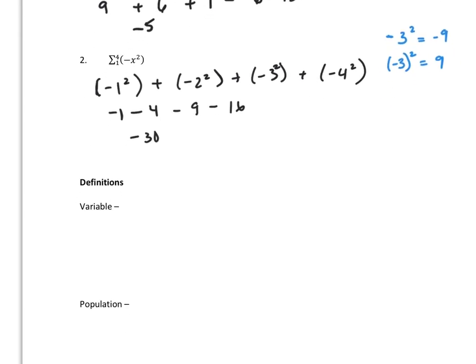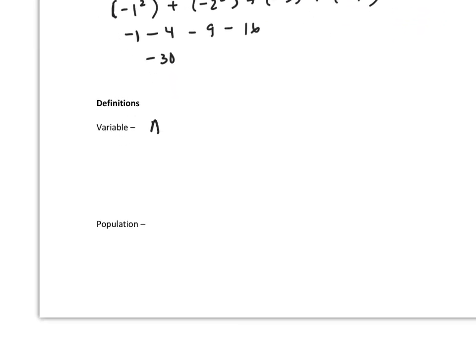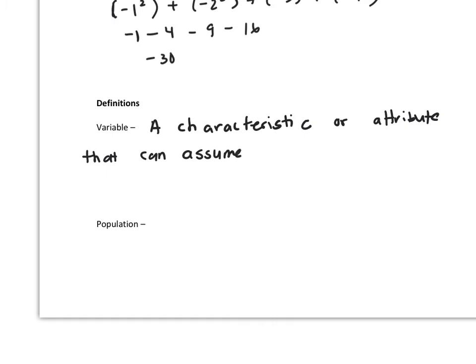Let's continue with some definitions. Variable. It's a characteristic or attribute that can assume different values. We've all seen variables.